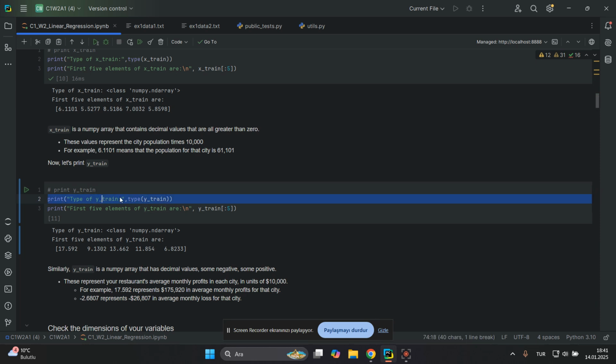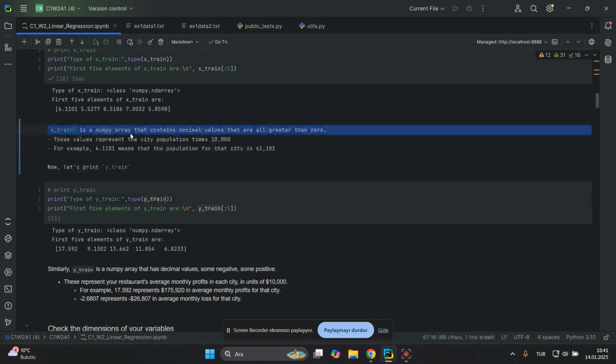Actually, it writes the X-train here, and the NumPy array contains non-decimal values that are greater than 0 and represent the city population times 10,000.